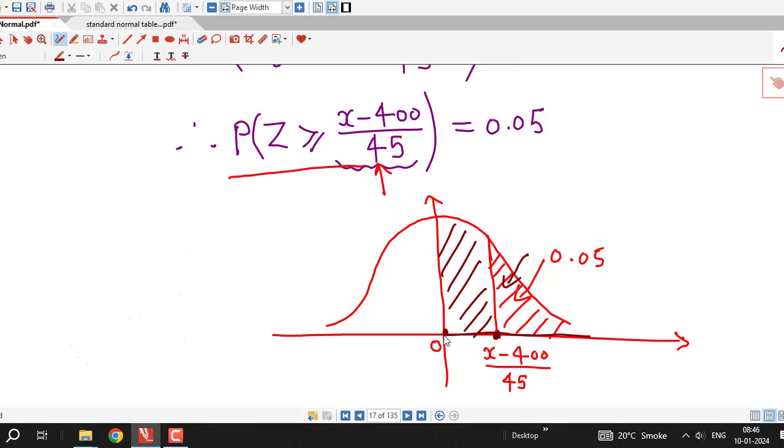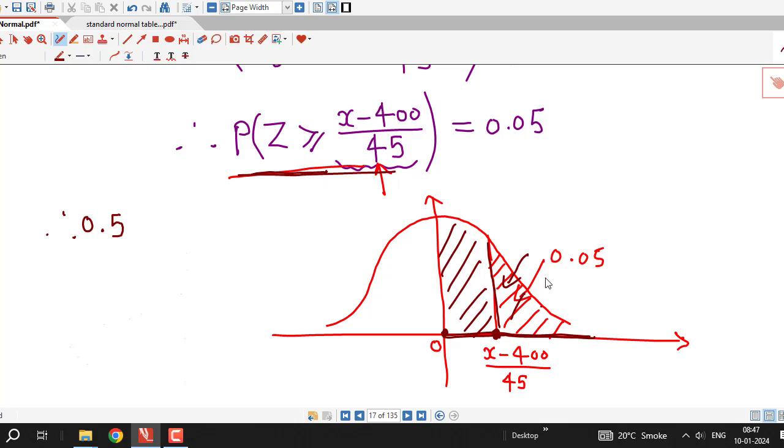Area between 0 and this point (x minus 400) over 45 is nothing but total area to the right side of 0 minus area to the right side of this point. So that I am writing here. This I can rewrite as 0.5.